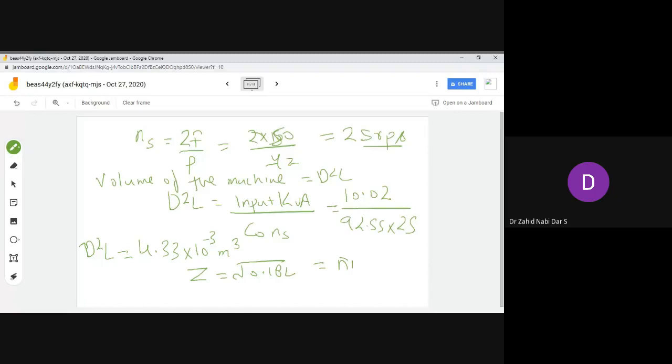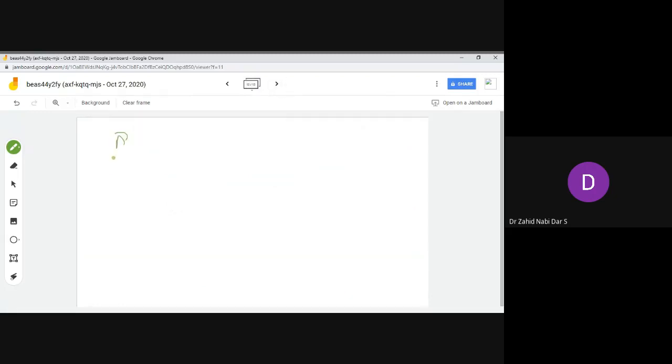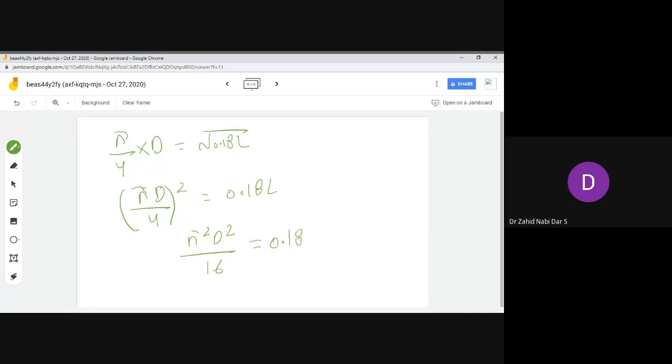Z is nothing but pi d by P. So this is equal to 0.18 L. So pi d by P, which is pi d by 4, is equal to the square root of 0.18 L. If you square both sides, you'll get pi d by 4 whole square equal to 0.18 L. So pi square d square by 16 is equal to 0.18 L. In other terms, d square is equal to 0.18 L into 16 divided by pi square, so d would be the square root of 0.18 L into 16 over the square root of pi square.